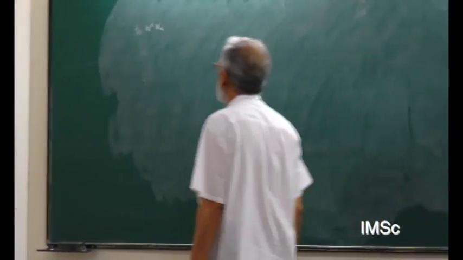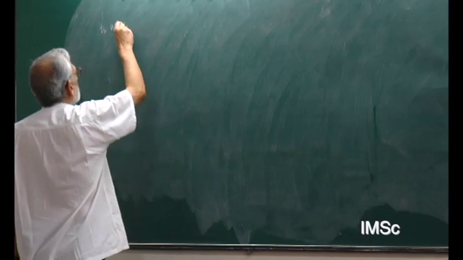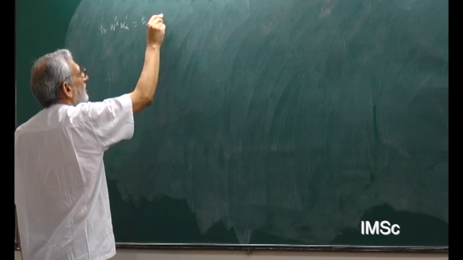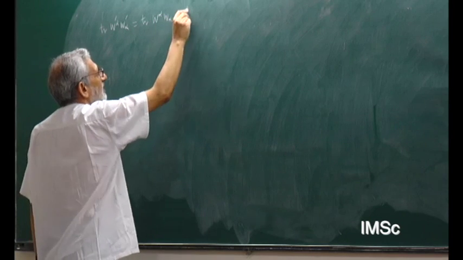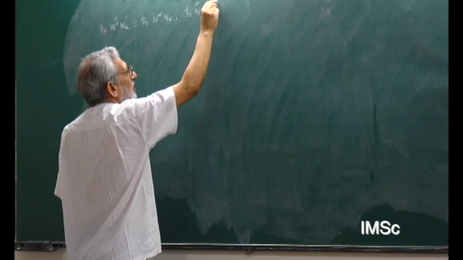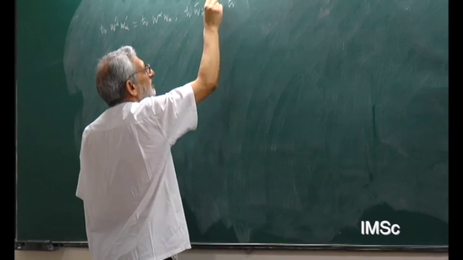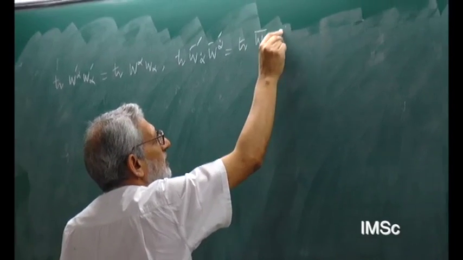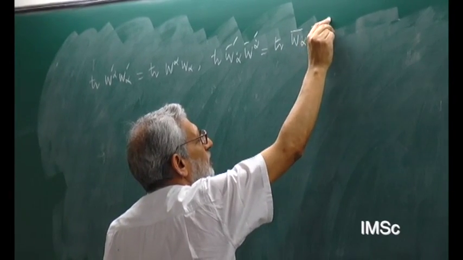So trace W alpha W alpha is the same as trace W alpha W alpha, and trace W bar alpha dot W bar alpha dot is the same.